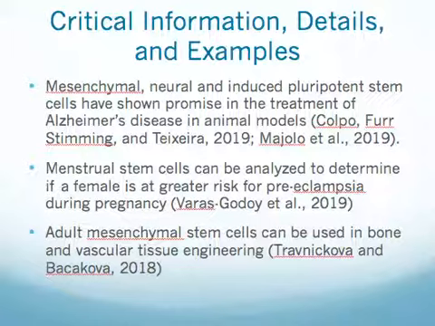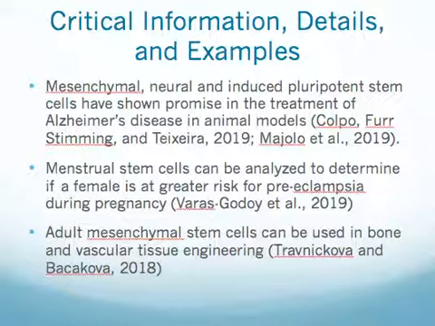The neural stem cells have shown they can differentiate into neurons, astrocytes, and oligodendrocytes. And then the induced pluripotent stem cells have shown success similar to the neural stem cells. Again, all of these have been shown in animal models, so it's not ready for human testing yet, but we have some positive things here.